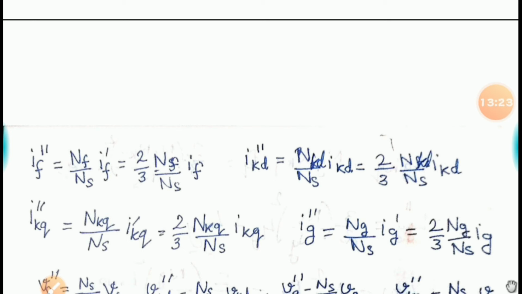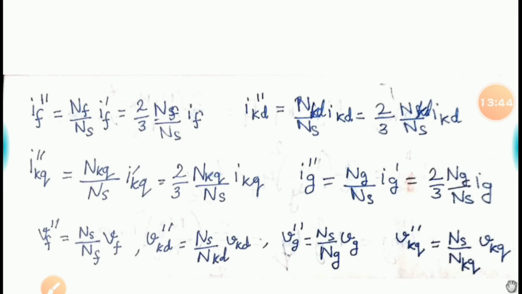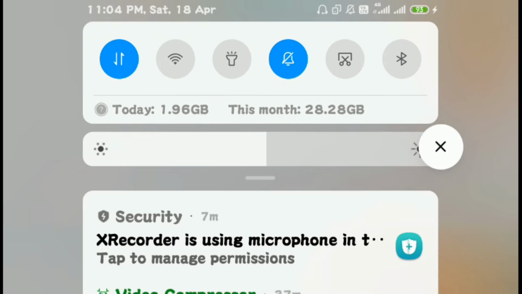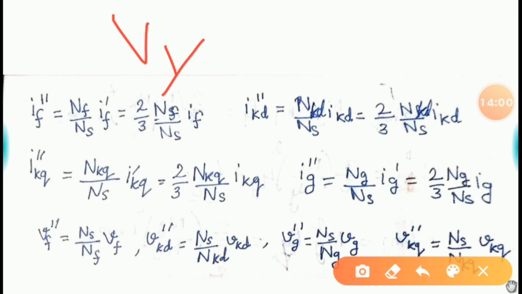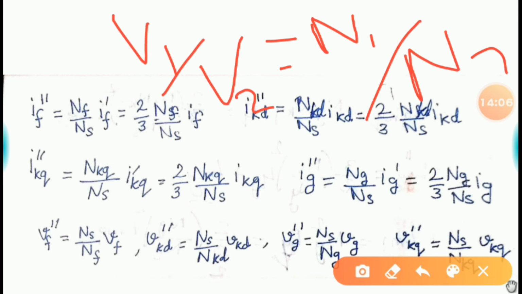Now, you may ask me what is the rationale behind this? This question should come to your mind also. And before I answer, I would like to hear your take on this particular issue. So for this IF double dash, in the case of a transformer, we know that generally V1 by V2 is equal to N1 by N2, right?